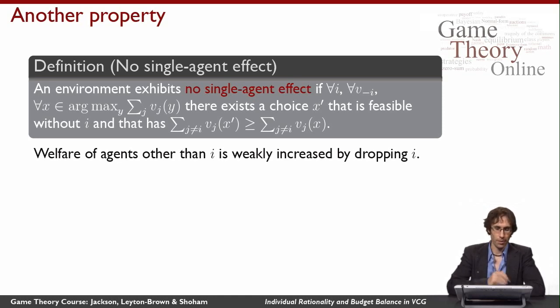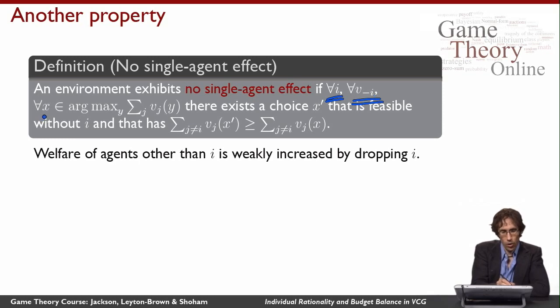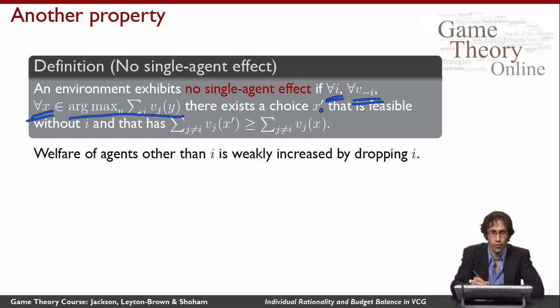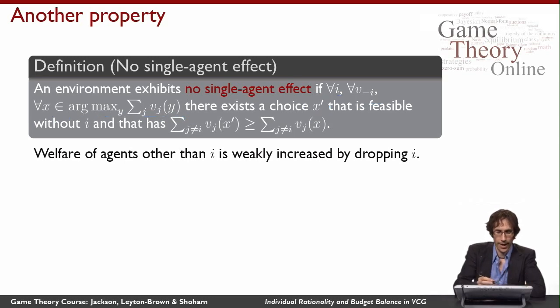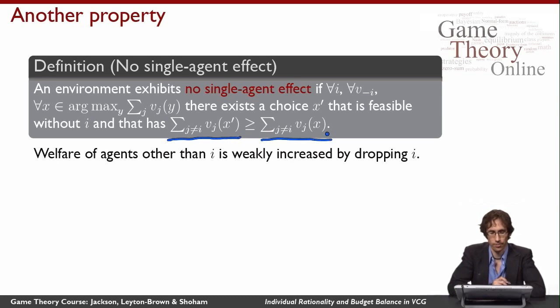So an environment exhibits no single agent effect if it's the case that for all agents i, all valuations of the agents other than i that are possible, and all choices x that maximize the social welfare, there exists another choice, x prime, which is feasible without i, which means it's possible for us to pick it even if i has been dropped, and for which all of the agents other than i get more social welfare than under the original allocation.